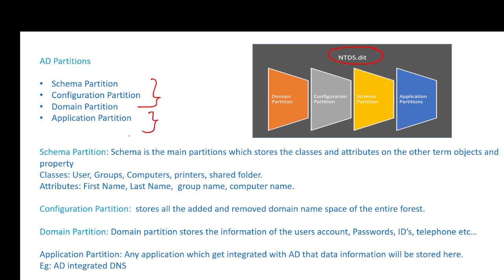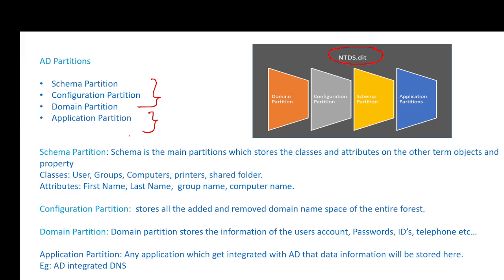But each and every class has its own attributes, like properties. When you say manjunath.tg, Manjunath is my first name, TG is my second name, and my username is manjutg. That is my SAM account. So here the class means the names, and attribute means the properties. Both classes and attributes will be stored under the schema.